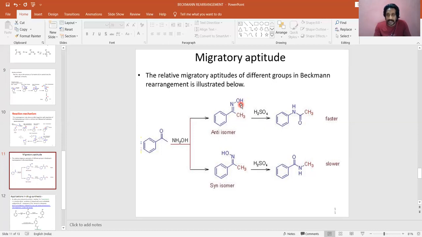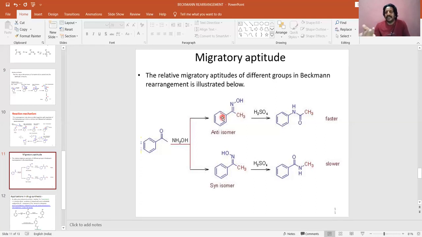Imagine that instead of CH3 a hydrogen atom is present, and hydrogen and OH are on the same side of this carbon nitrogen double bond, we call it a syn isomer. And if the hydrogen and oxygen are on opposite sides, we call it an anti isomer.